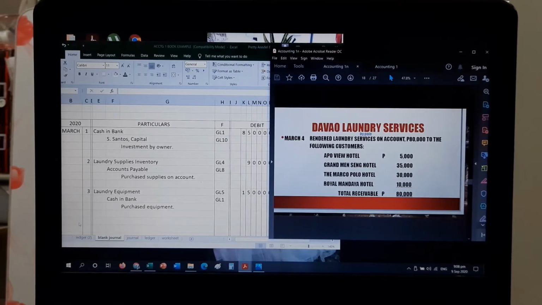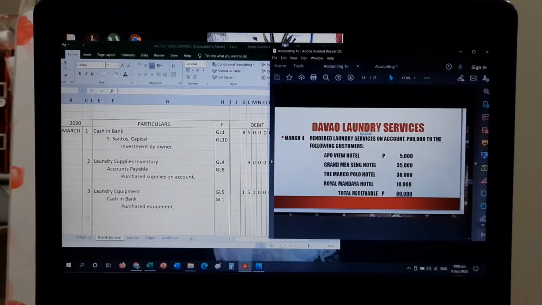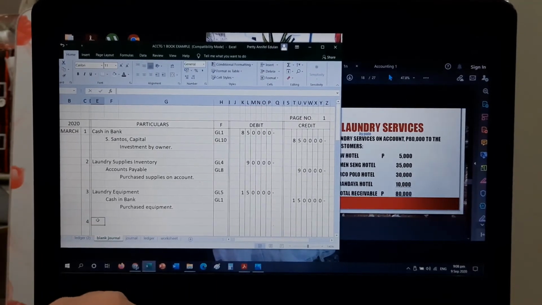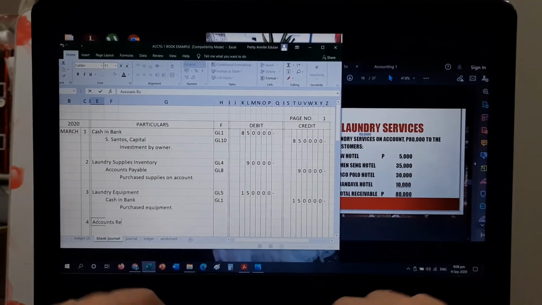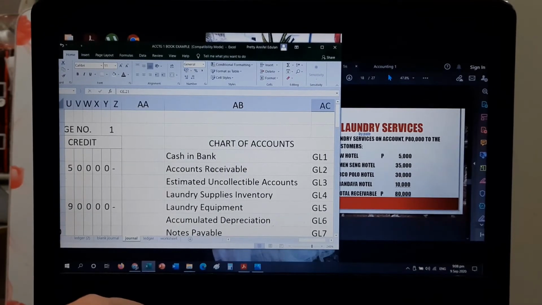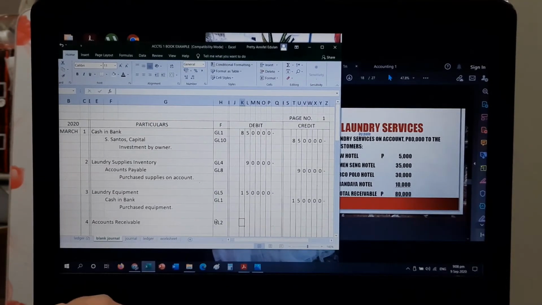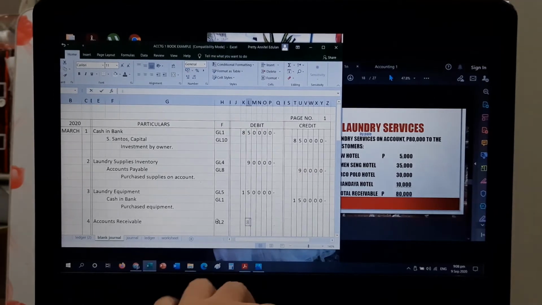So the customer did not pay us yet. So that is our accounts receivable. Based on our chart of accounts, accounts receivable is GL2. How much was it? That's 80,000.